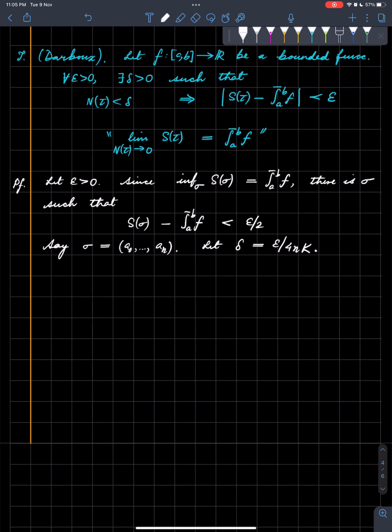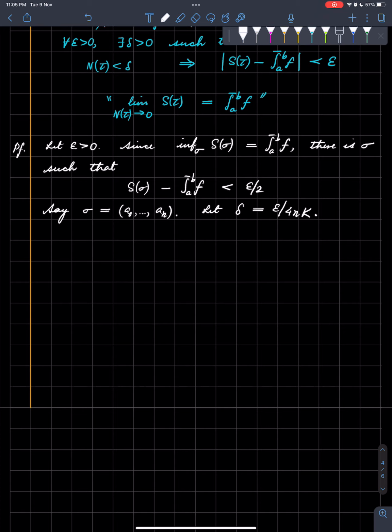Okay, so to do that, now let tau be a subdivision such that the norm of tau is less than delta.